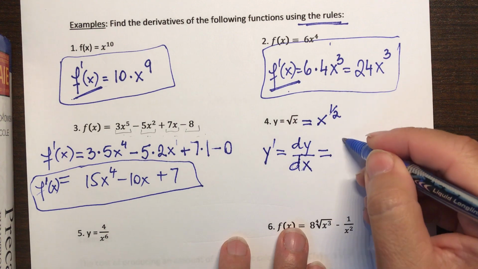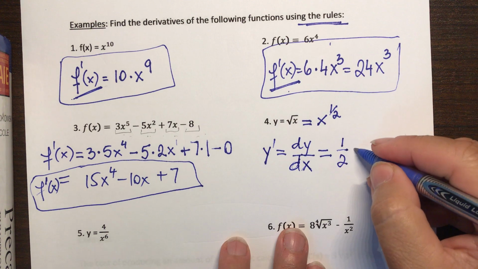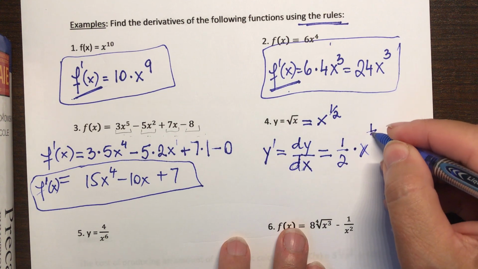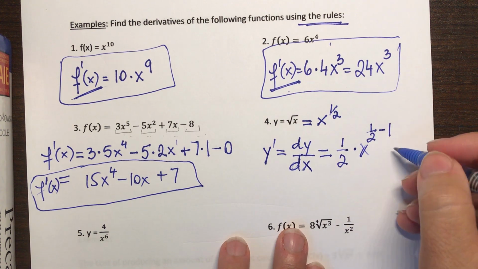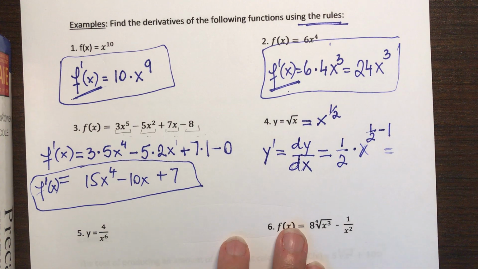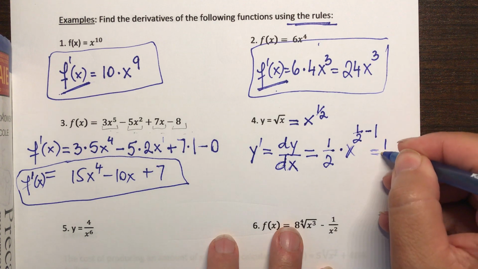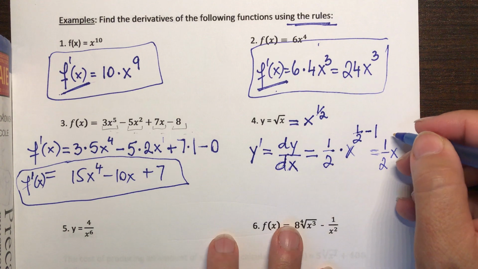So using the power rule, we're taking the 1/2 up front times x to the, I'm going to write this down, 1/2 minus 1. So we have to go down in power. Now what are we going to get if we are subtracting 1 from 1/2? Clearly, even less than 0, because a half is less than 1.